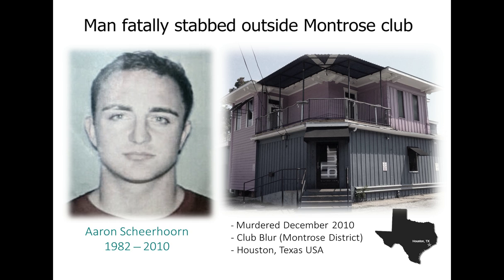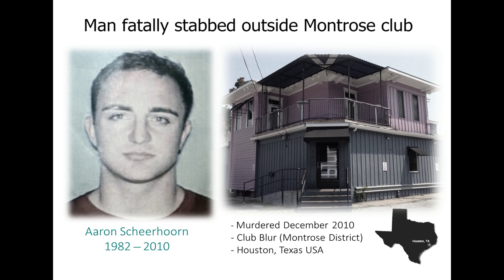And he actually ran up to the door of Club Blur, as you can see in this image. There were two bouncers standing at the door, and he lifted up his shirt to show the bouncers that he had been stabbed, and he was begging them to let him inside for sanctuary, to be protected because this perpetrator was still chasing him.